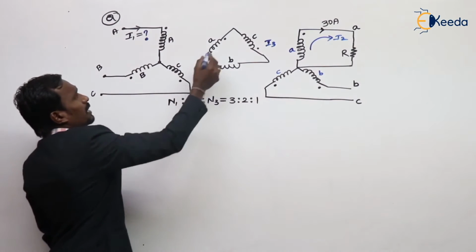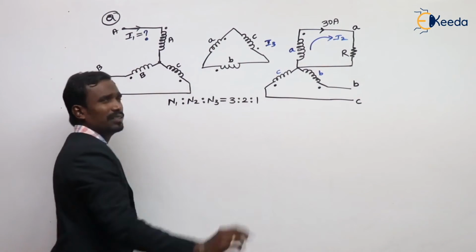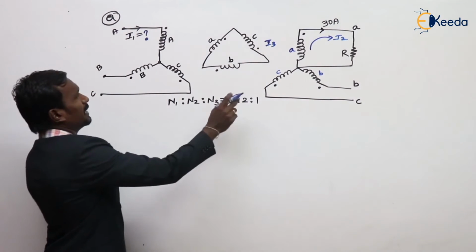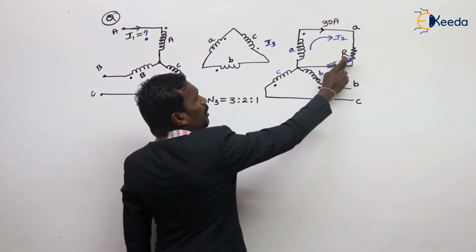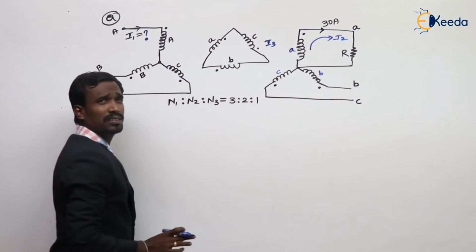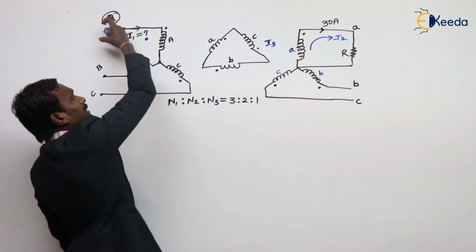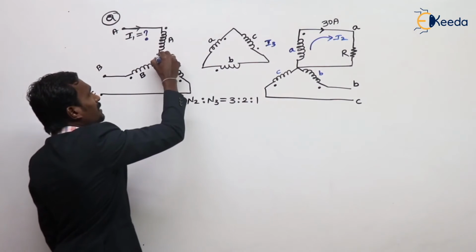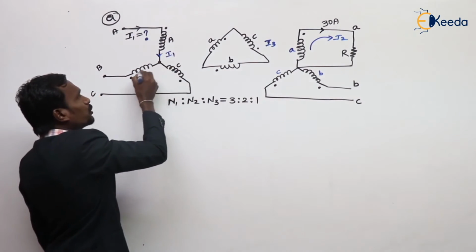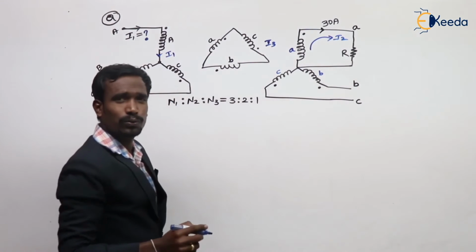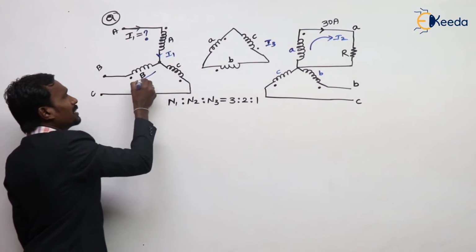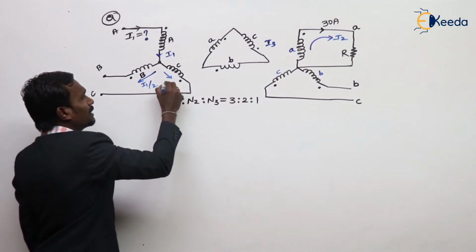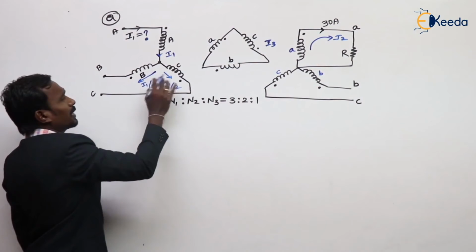Since the load is applied to the A phase, the transformer draws the current I1 from the A phase only. This I1 is divided into two parts: this is the current I1 by 2 and this is the current I1 by 2.